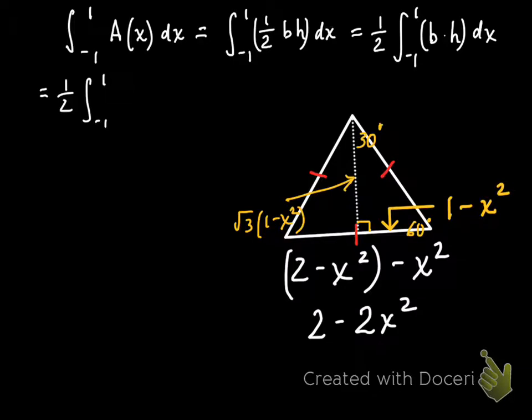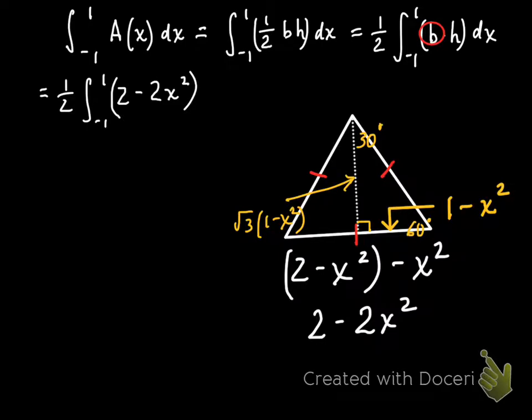And of course, all these triangles will differ depending upon where I am within the integral limits from -1 to 1. So again, the base is 2 minus 2x squared.